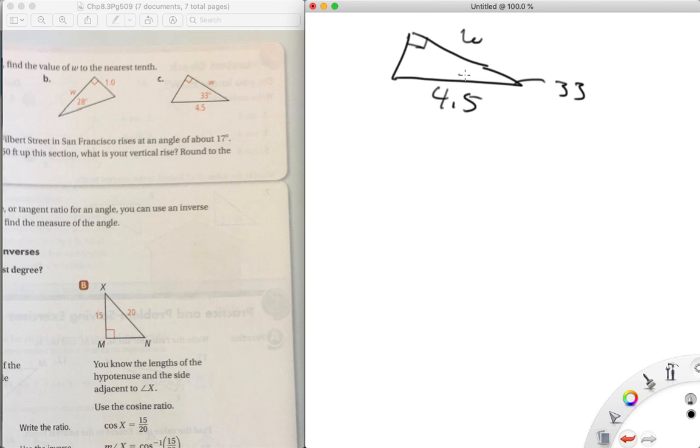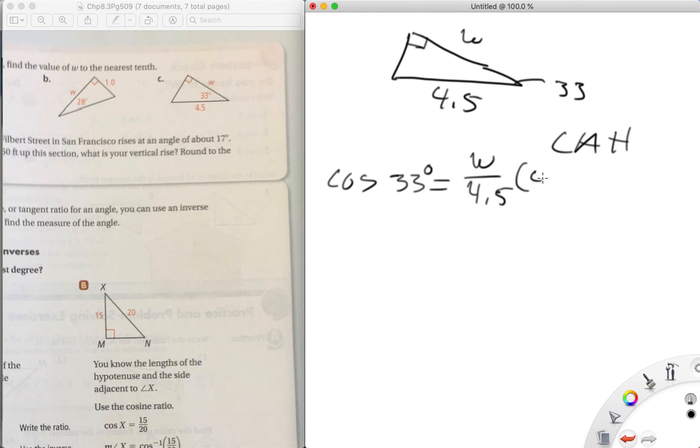There's the hypotenuse, and then we have this guy which is adjacent to 33. So this looks like a cosine situation to me. So cosine, remember CAH, adjacent over hypotenuse, so cosine of 33 degrees is equal to adjacent, which is W, over hypotenuse, which is 4.5.